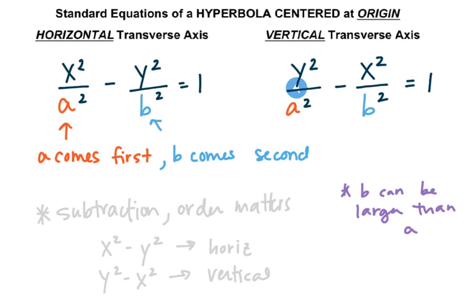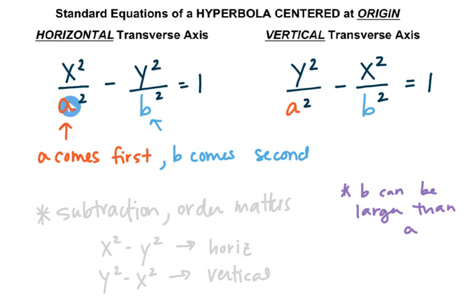So A is under the Y. And then B comes second. So the difference here between an ellipse, because I know this looks similar, is that in an ellipse, the A value was bigger and the B value was smaller, period, the end. But with a hyperbola, the magnitude of each of these A and B values doesn't matter. They can even be the same, okay? What matters is their placement.